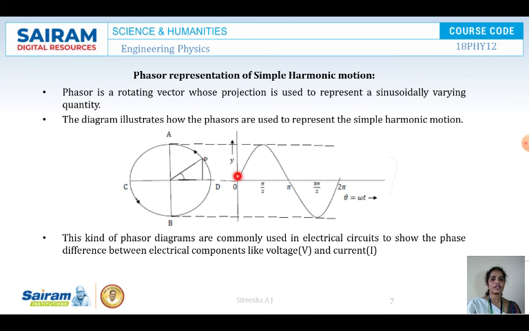The moment this is going to the extreme position, in this circle you can see the body is moving to the extreme position and coming back to the mean position, going to the negative extreme and again coming back. The same thing we are representing in the form of a sine wave. So this is the phasor representation of a simple harmonic motion.